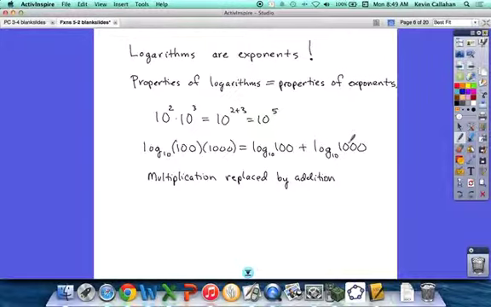In 1609, when they invented this stuff, a guy named John Napier invented this stuff. You could imagine how hard it was to do calculations at that time. They didn't have calculators. They didn't have computers. And they were actually on the verge of discovering things that required a lot of calculations.